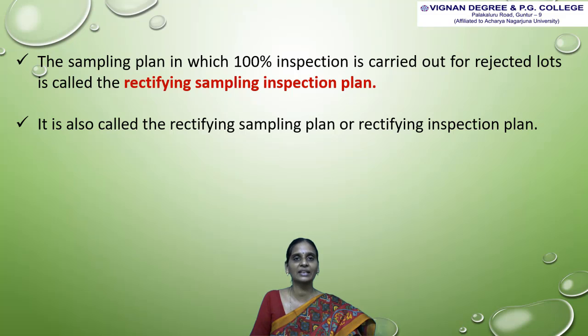The sampling plan in which 100% inspection is carried out for rejected lots is called the rectifying sampling inspection plan. It is also called the rectifying sampling plan or rectifying inspection plan.